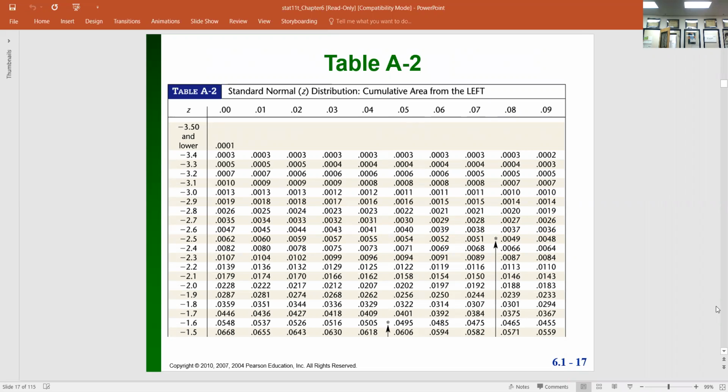Now we have 80 minus 63.6 over 2.5. 80 minus 63.6 is 15.4. No, 16.4. Okay. Divided by 2.5.